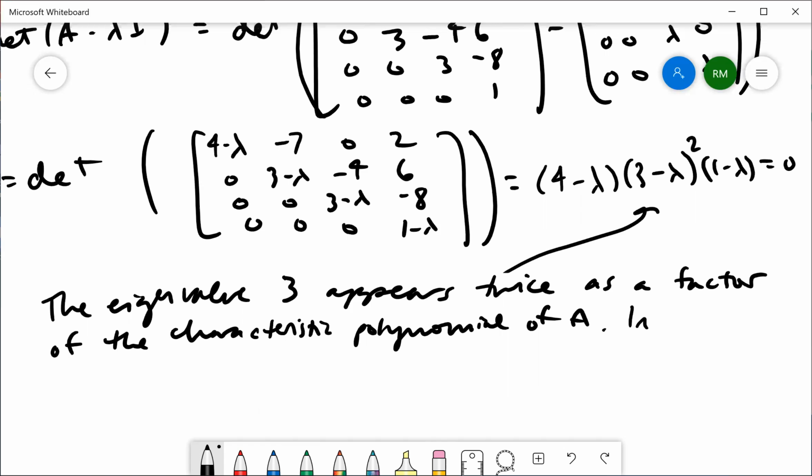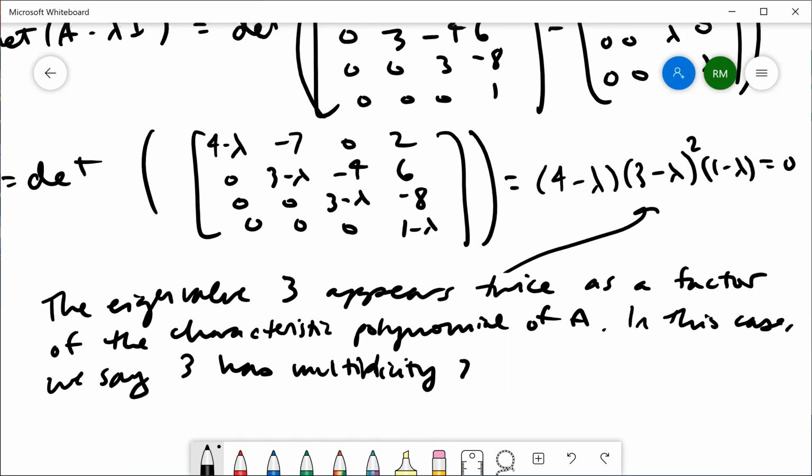In this case, we say that 3 has multiplicity 2.